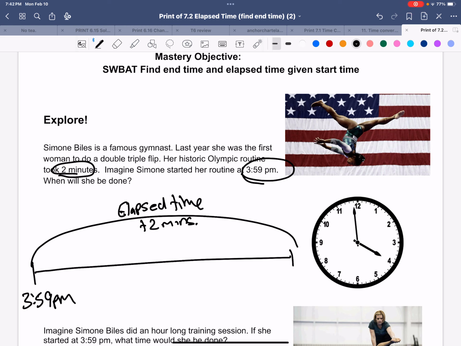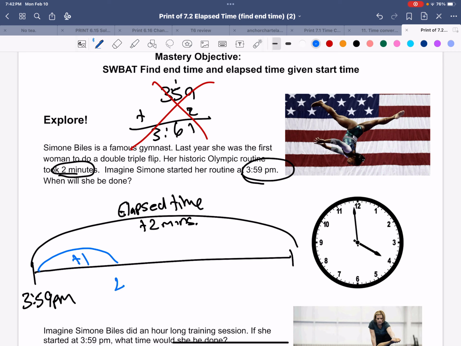All right. Normally when we're adding, we would think, okay, 3:59 plus 2 gets me 3:61. But that's not how time works, remember? Time goes to the next hour after 60 minutes. So after 3:59, we would go plus 1 minute.